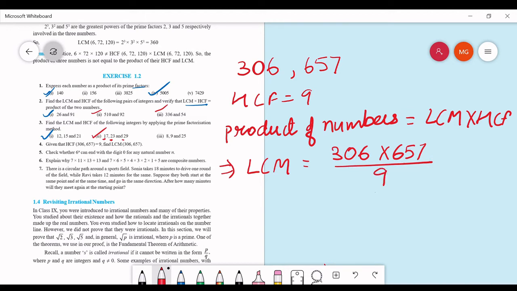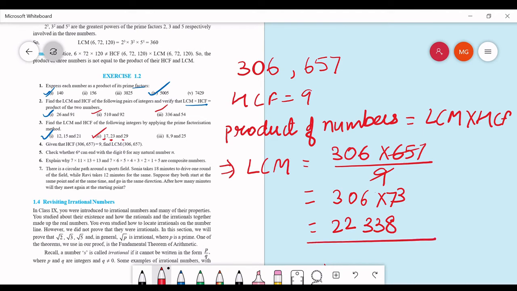Understood? So you will be using your previous formula and you will be getting the LCM. So your LCM will be, keep on simplifying this, and you will be getting 306 multiplied by 73. This will give you 22,338. So this is your LCM, right? So this was your question number 4.